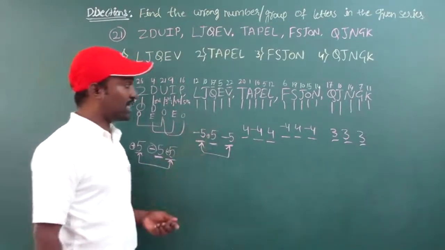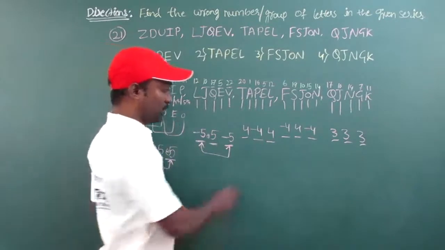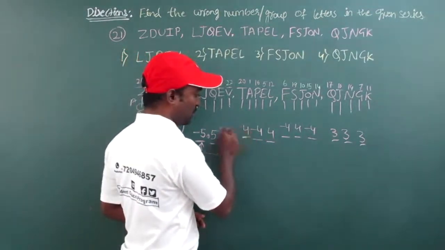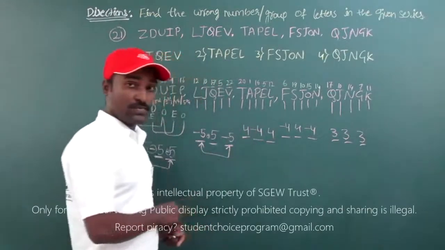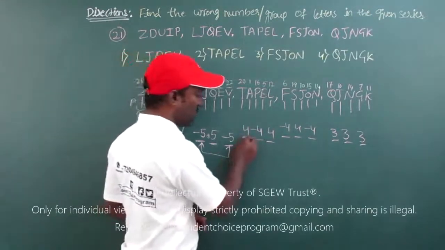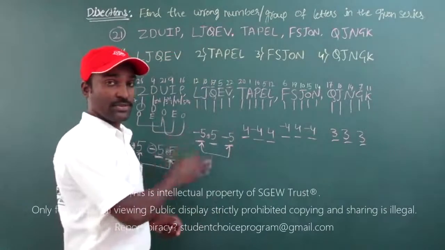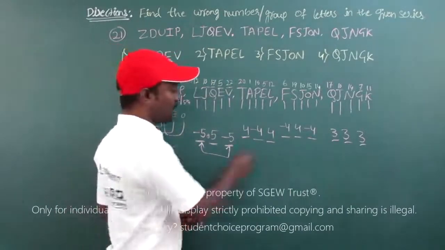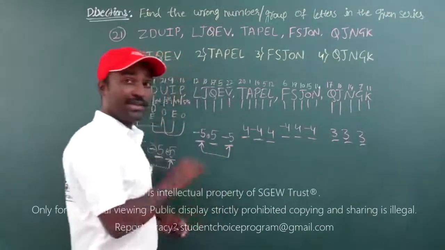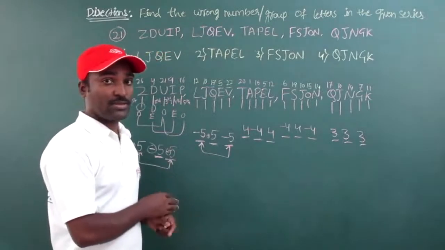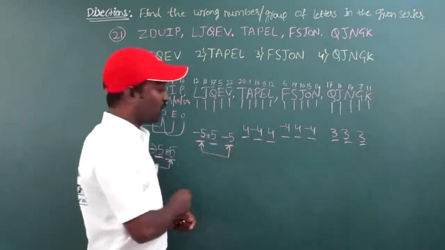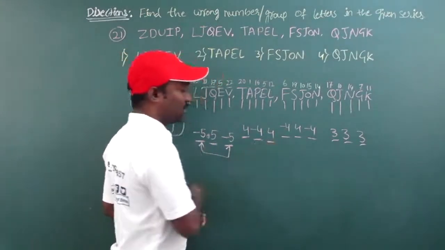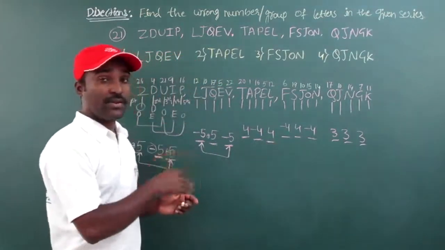Now moving to the next. Here it is plus 4, minus 4, plus 4. This is the difference obtained by the odd letters, first minus third. This is the difference obtained by the letters at even positions, second and fourth. And this last difference is obtained by third and fifth.